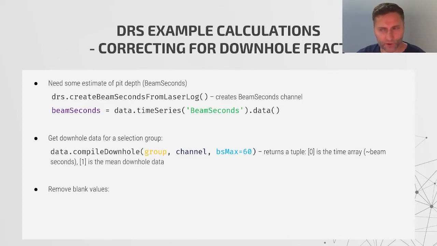Before you do that though, you probably want to get rid of any blank values that might be in that data. Blank values might be because a particular selection didn't have any data in that particular value, and those blank values will upset any fitting that you try to do to those data.